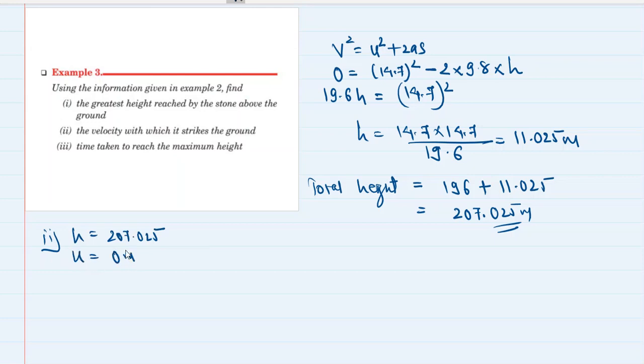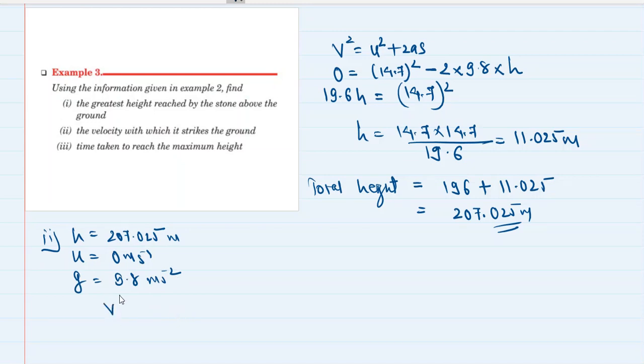At maximum height, the velocity becomes zero, and then it starts falling down. So initial velocity can be taken as 0 meter per second. Okay, and the acceleration due to gravity is 9.8 meter per second square.